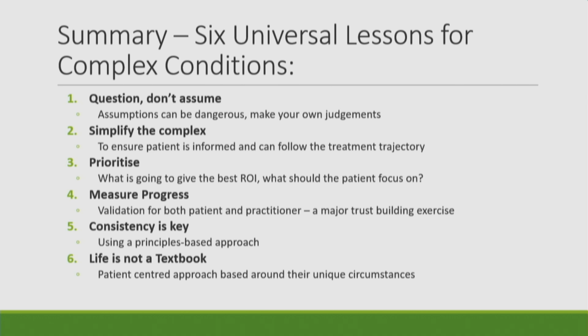What's going to give you the best return on investment, and what should the patient really focus on? Measure progress, validation for both the patient and the practitioner, and this can be a major confidence building exercise. Consistency is key, using a principles-based approach, and life is not a textbook. So a patient-centred approach around their unique circumstances needs to be considered with treatment planning.